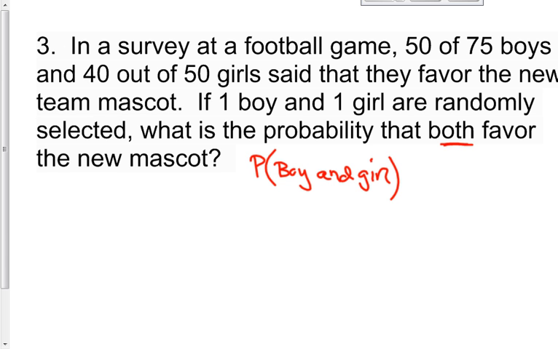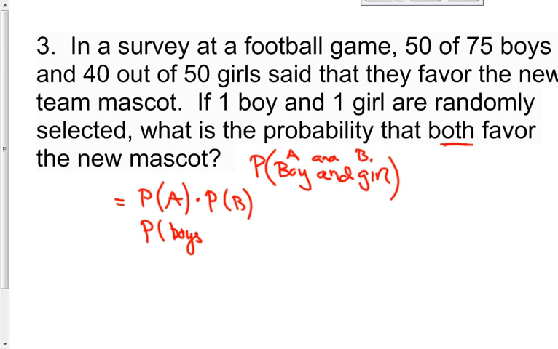So if I use my formula, P(A and B) will be solved by finding the probability of just A by itself and the probability of just B by itself. And our A term is the probability that the boy says yes, he likes the mascot, and the B term is the probability that the girl says yes, they like the mascot.